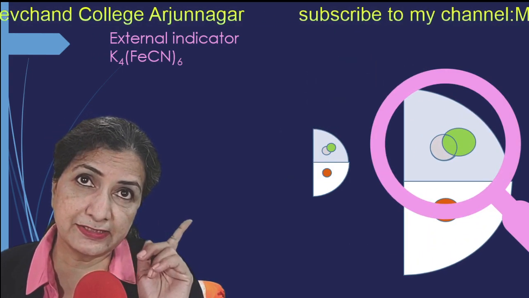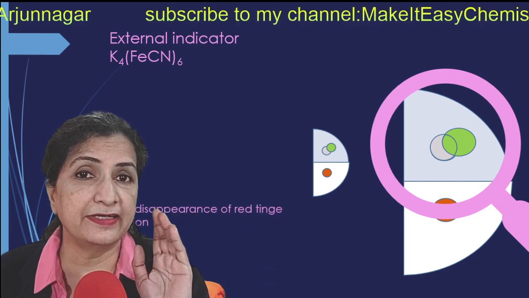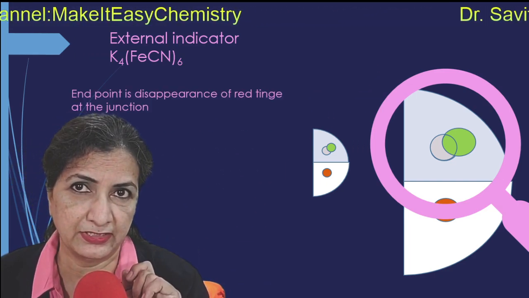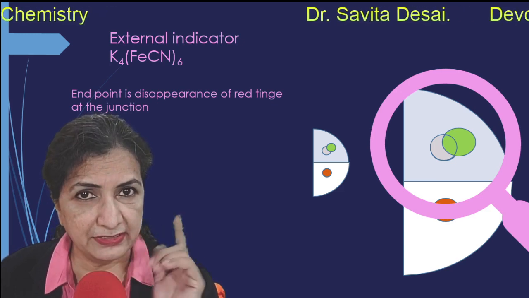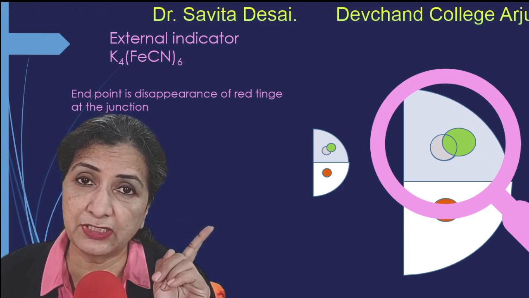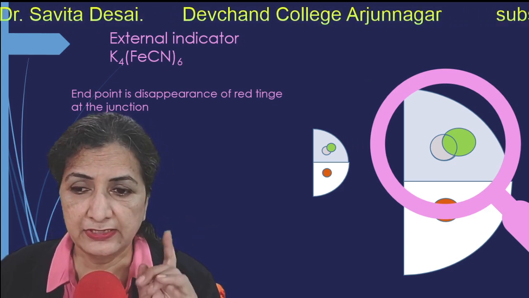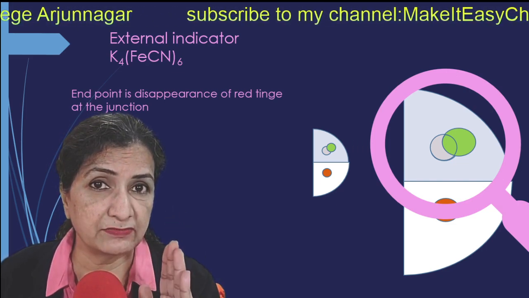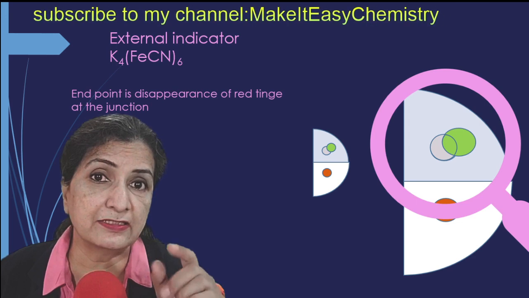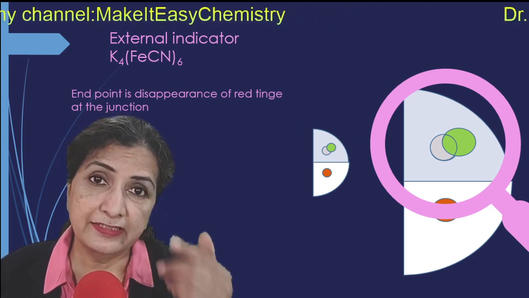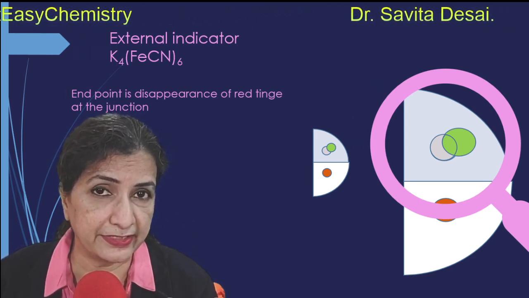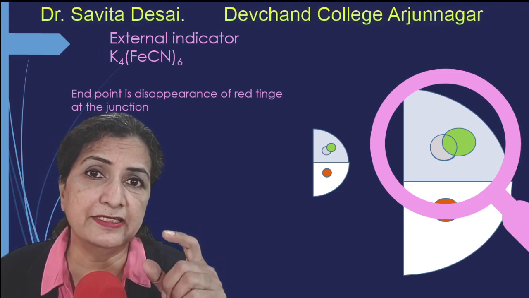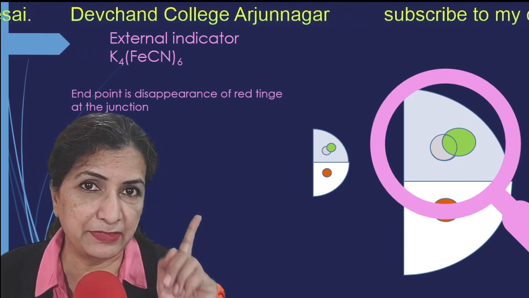Yes, this is the end point where the red tinge has disappeared from the junction. We repeat this process till this point is reached. When this disappearance of the red tinge is observed, that reading is considered the pilot reading, and then in another attempt of the titration, we are going to determine the exact reading by a similar method.